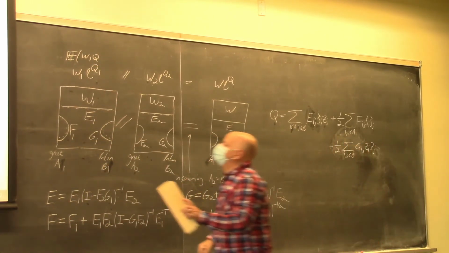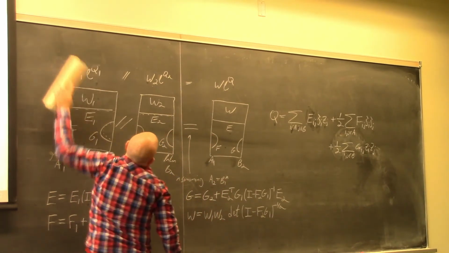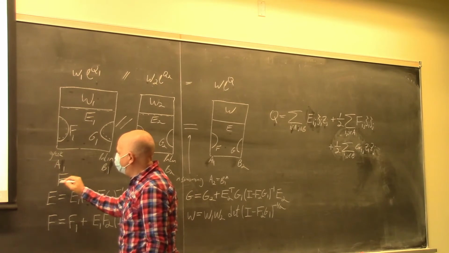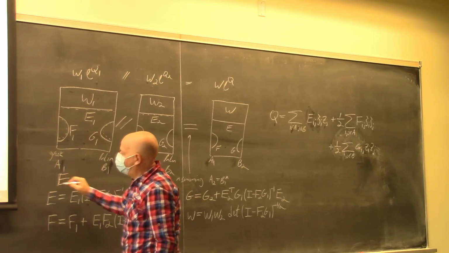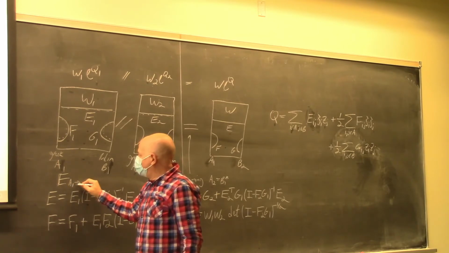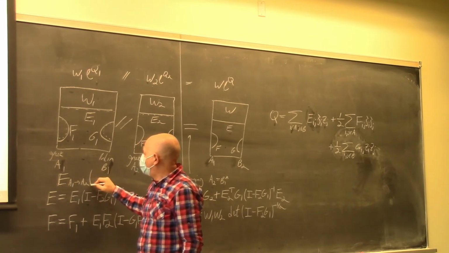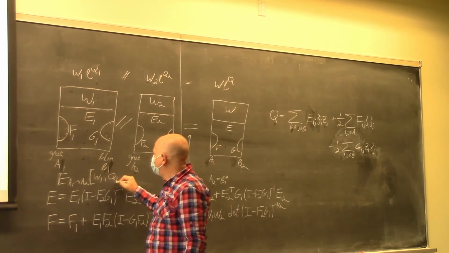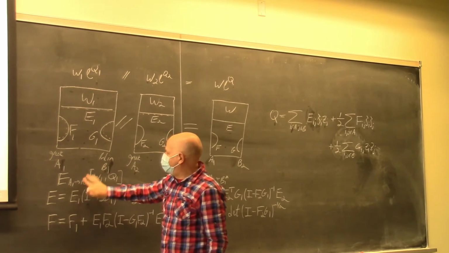Maybe I was too ambitious writing so high up. I should restart it here. So the name for this coupon will be E sub A1 goes to B1 of omega 1, comma Q1.